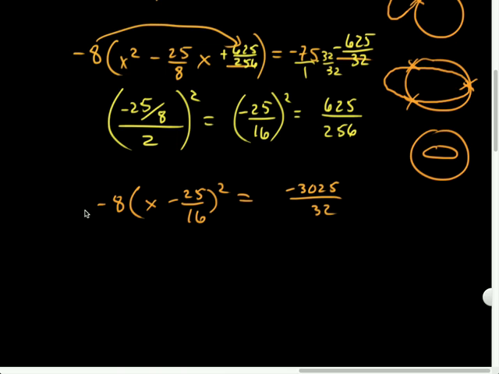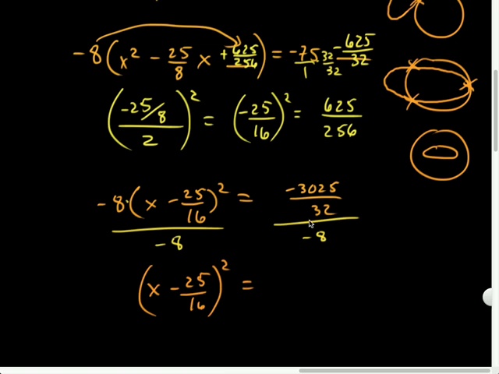Okay. So next thing I've got to do is get rid of this negative 8, so I'm going to divide both sides by negative 8. And I will get x minus 25/16 squared equals, the minus signs cancel out, and this will be fourths, because the 8 will cancel. Wait.